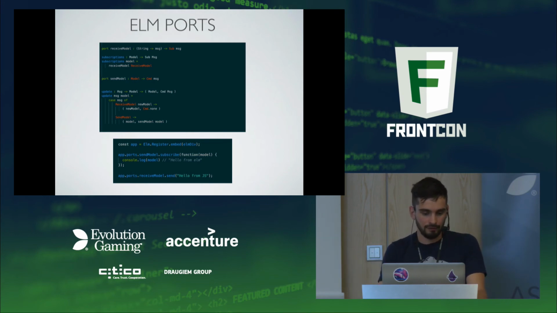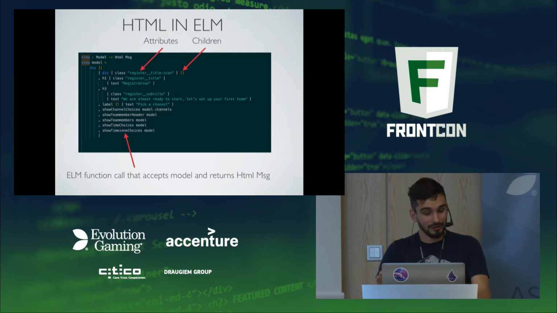And app.ports.receive model is a port that will accept something from JavaScript. And you have to be careful here, because if you don't supply the correct types, it will blow up. Otherwise, it cannot ensure the consistency that it states, that we are runtime exception free, right? So I know this looks kind of ugly, but this is how HTML looks in Elm.